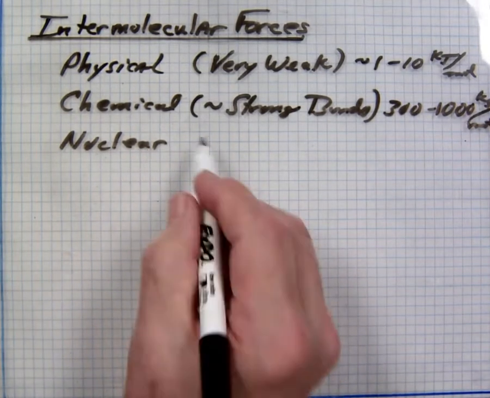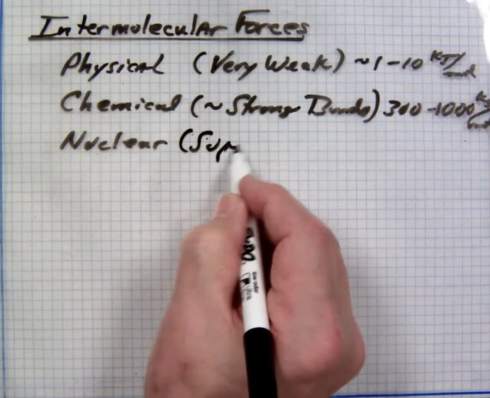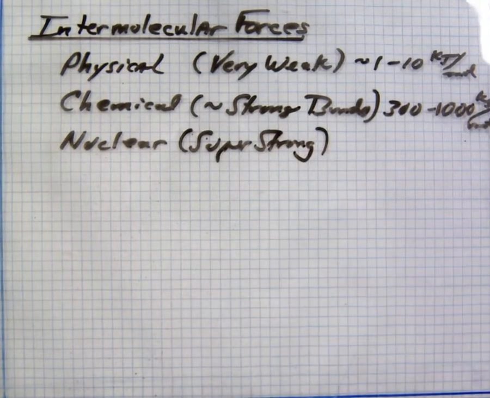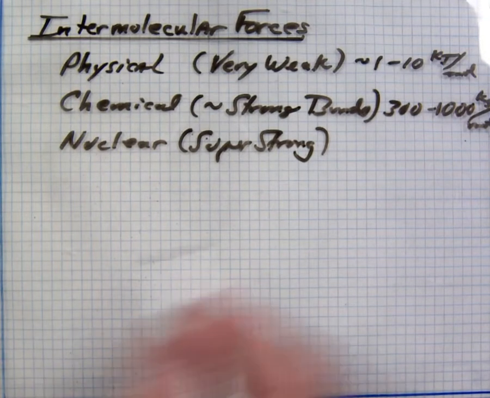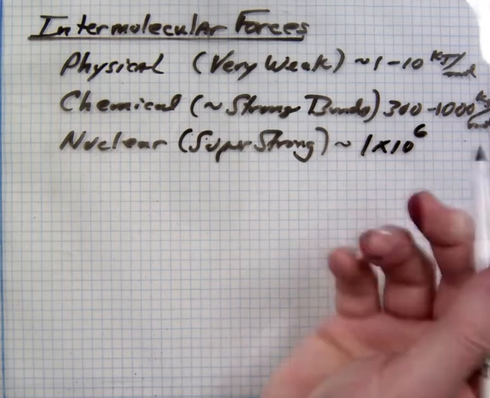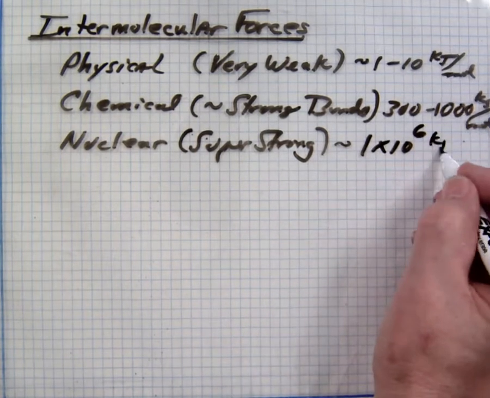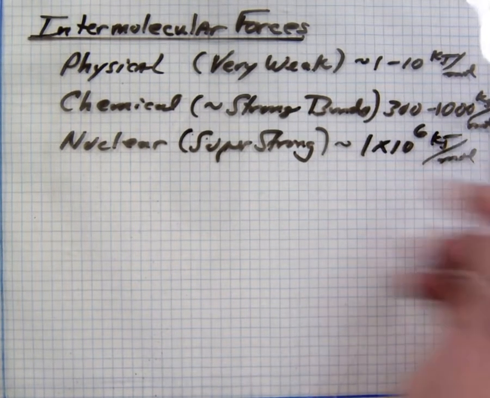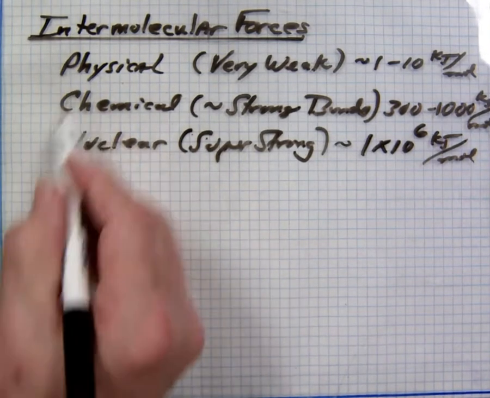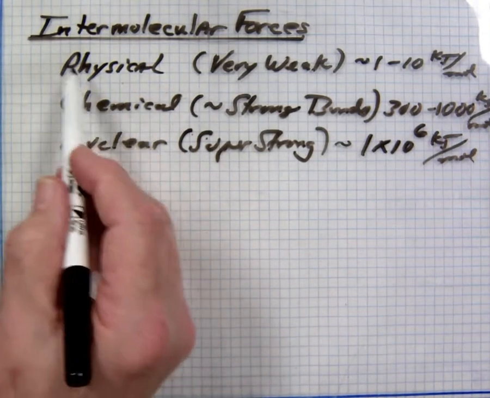When you get to nuclear, these are super strong. Nuclear bonds hold the nucleus of an element atom together, and so these are some 1 times 10 to the 6, just millions of kilojoules per mole of sample. And so what we're talking about in this topic is just to put these down to give you perspective.